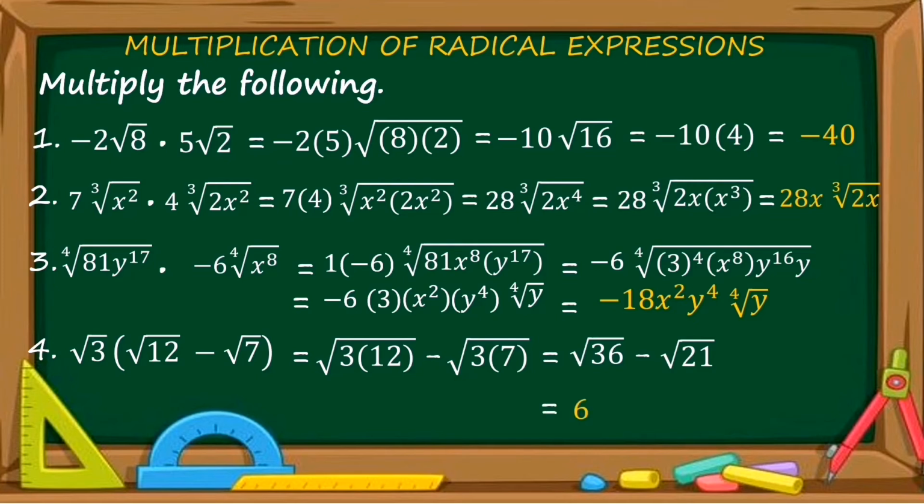The square root of 36 is equal to 6, and square root of 21 is already in simplified form. So therefore our final answer is 6 minus square root of 21.